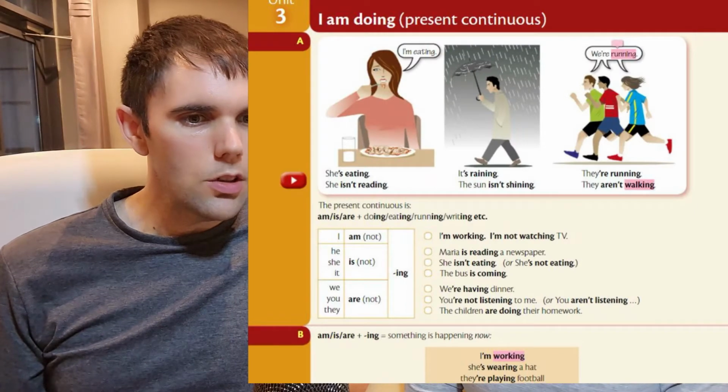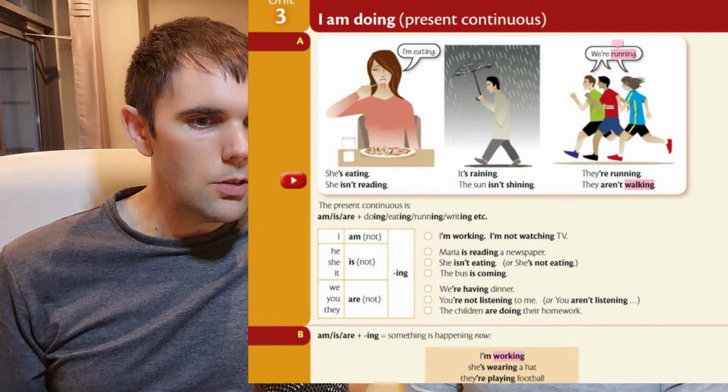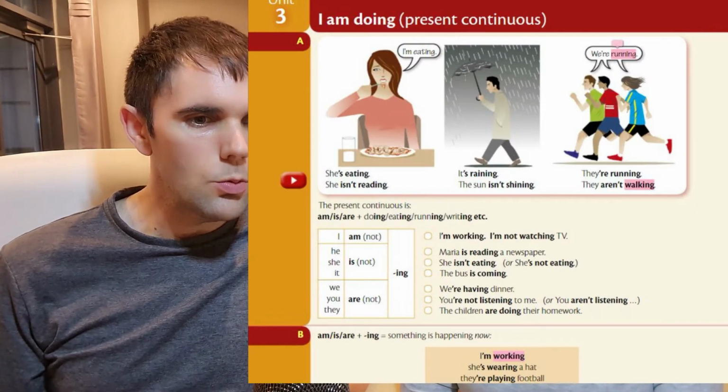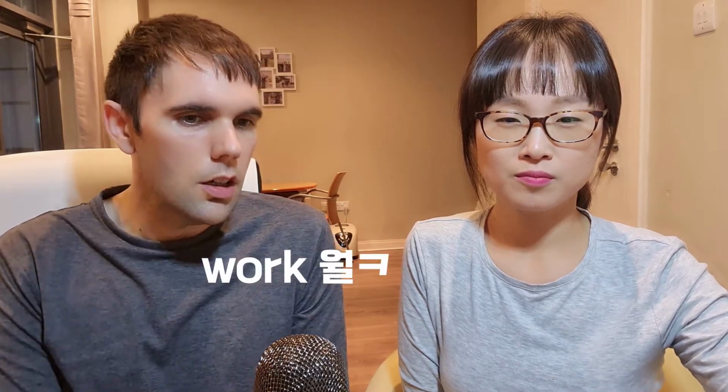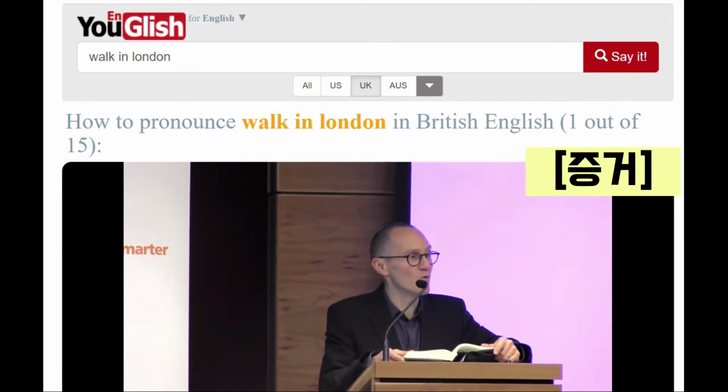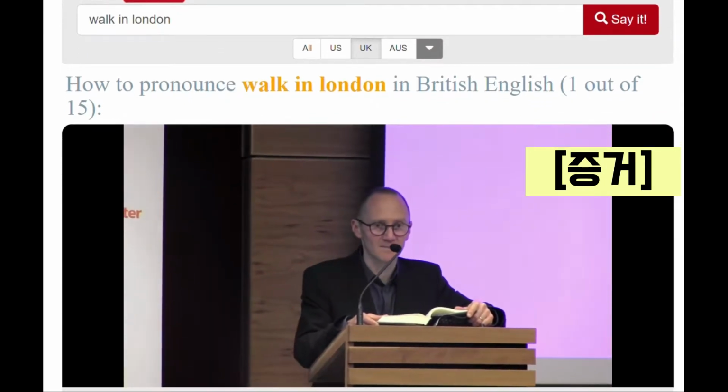So we're looking specifically at the words walk and work. W-A-L-K, walk. Whereas work sounds more like "were". But when you hear a British accent, they tend to say "walk". And they've gone for a walk in London the next day.